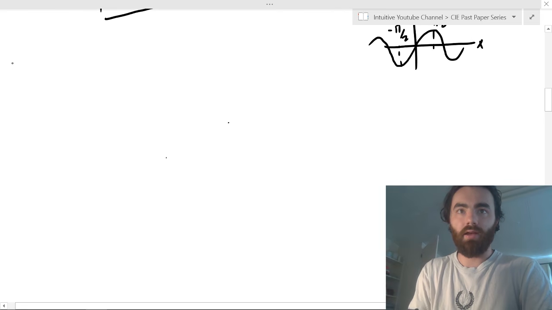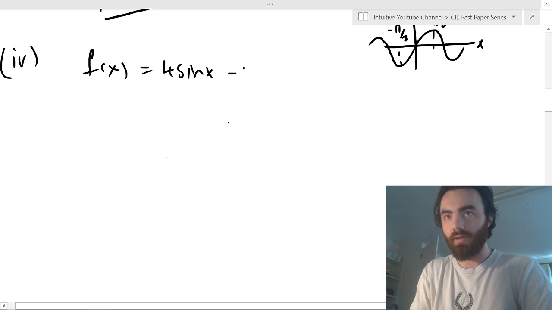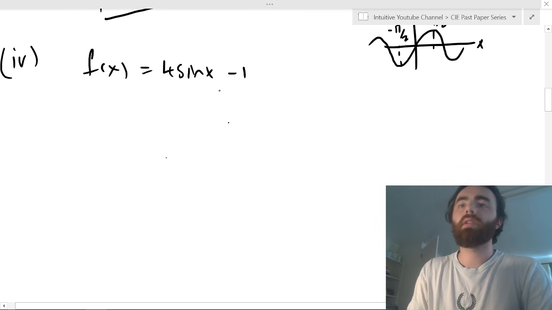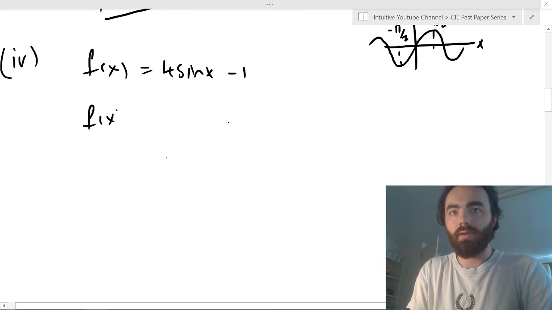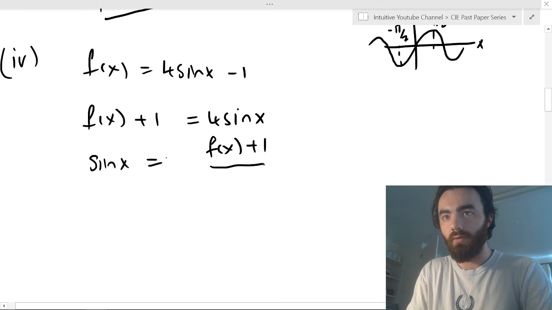So this is part IV. If f of x equals 4 sine x minus 1, to find the inverse we swap x and f of x. So f of x plus 1 equals 4 sine of x, therefore sine of x equals f of x plus 1 over 4.